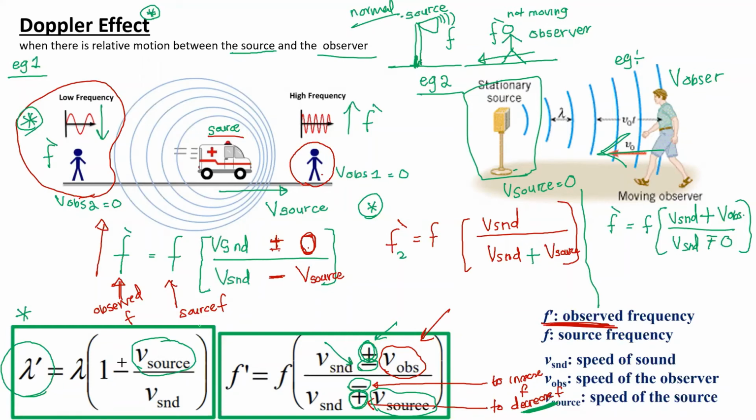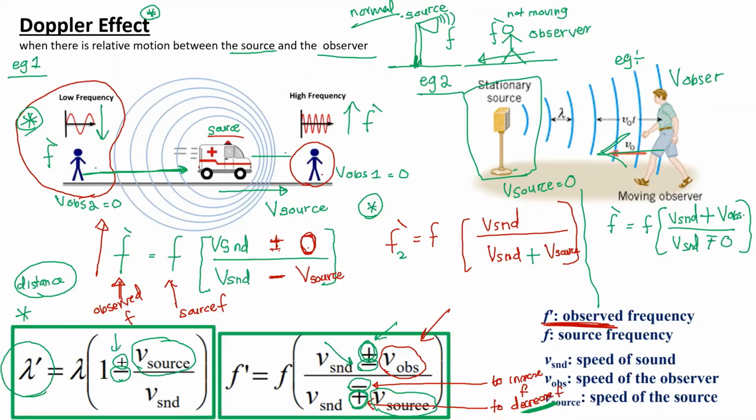So how do you determine whether it's a plus or a minus? That's the next thing. Look at the distance. So if the source is going away from you, lambda increases. If it is going away, lambda increases. You select the plus sign.